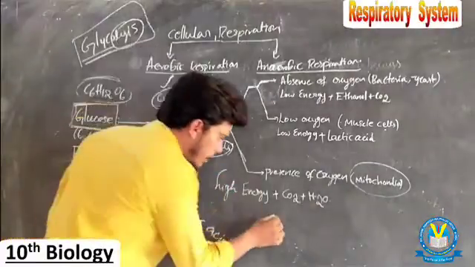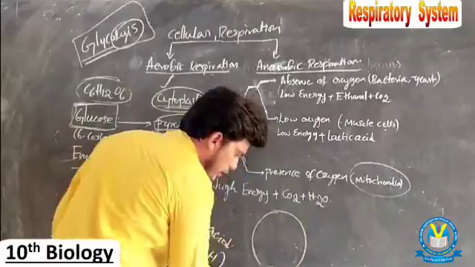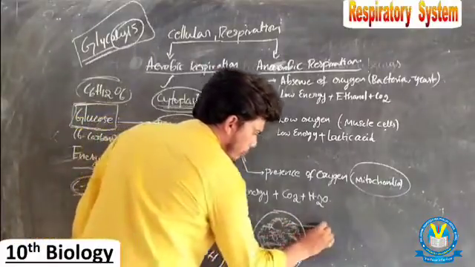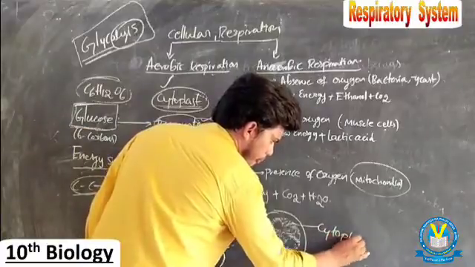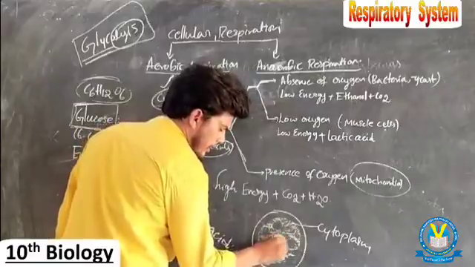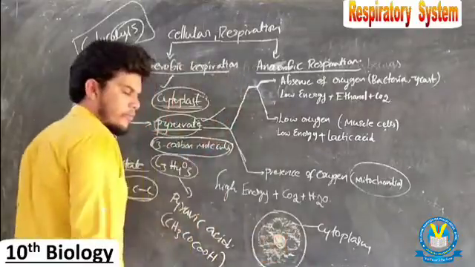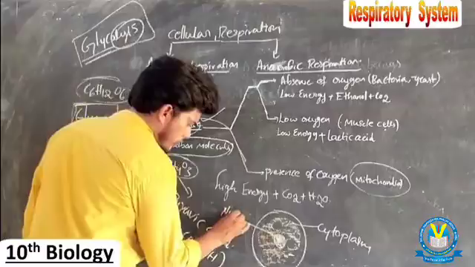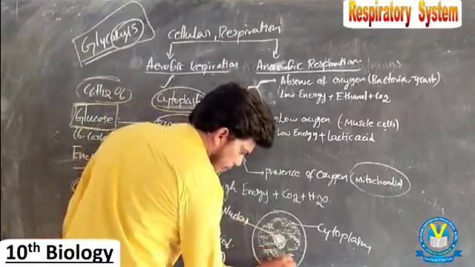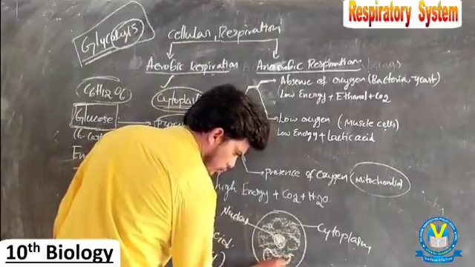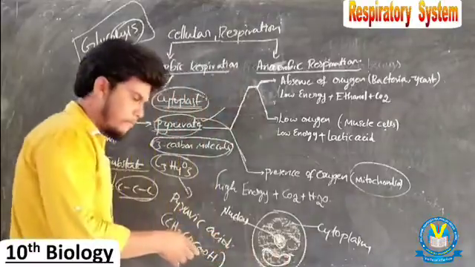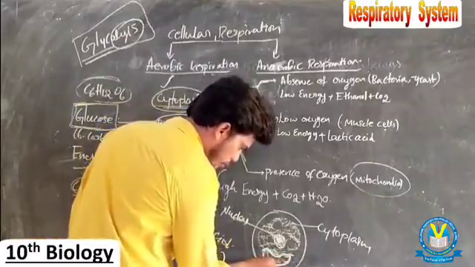So I will draw a eukaryotic cell here. It has cytoplasm, and a nucleus, a clear and distinct nucleus. And this is the mitochondria. Is it visible? Okay, fine.